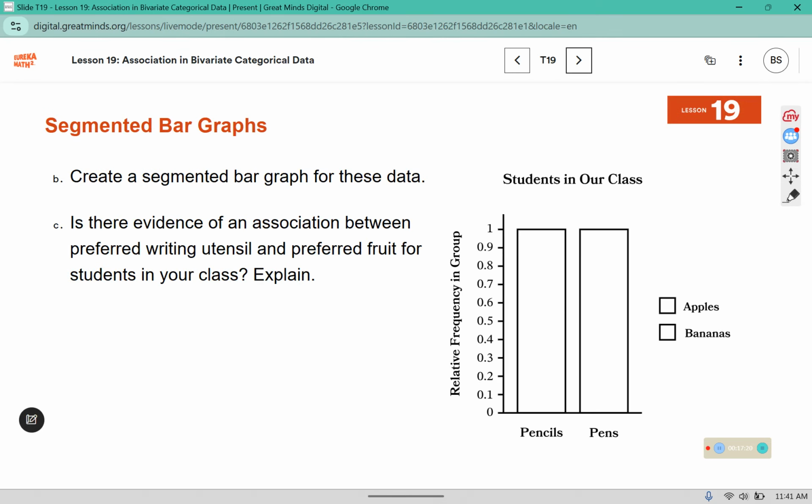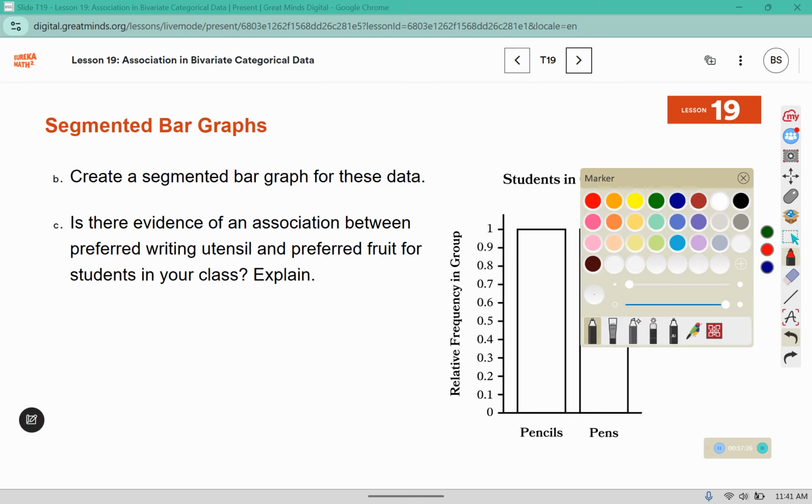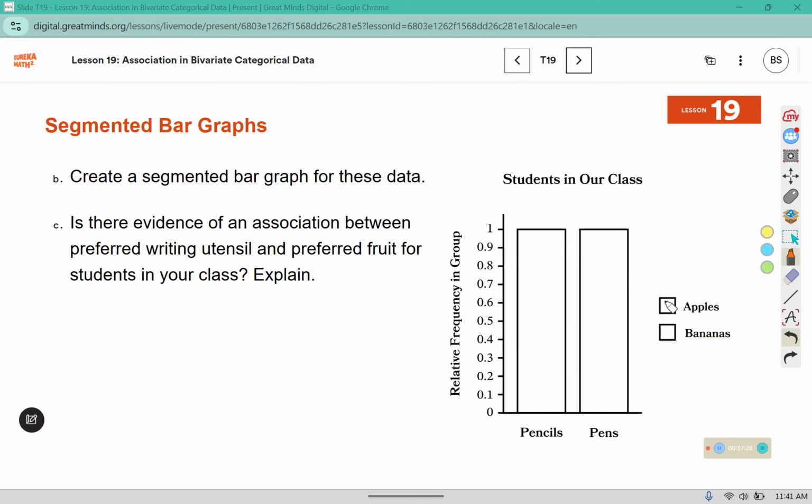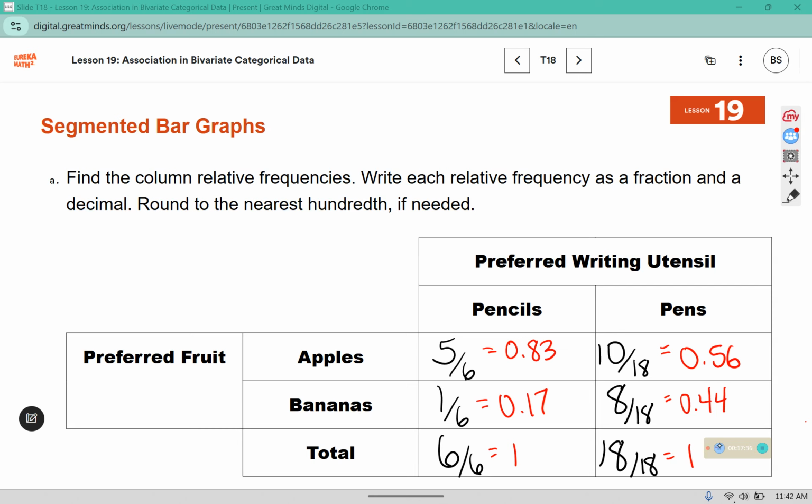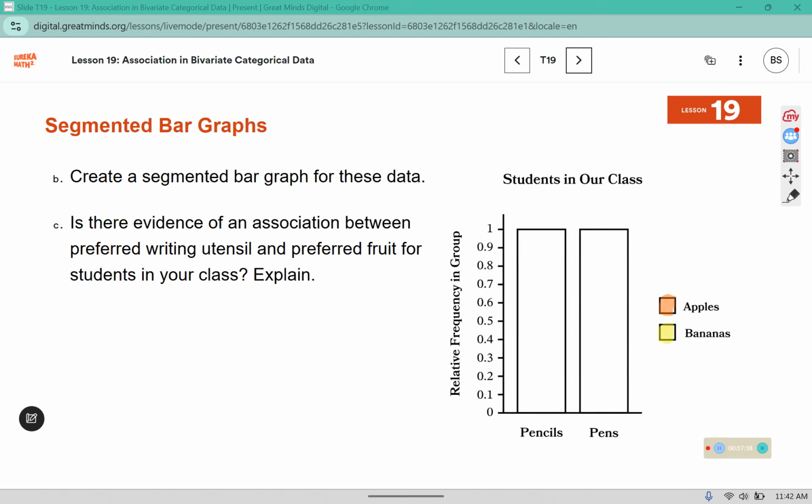Create a segmented bar graph for this data. For pencils with apples, we have 0.83. Then for the bananas, we had 0.17.